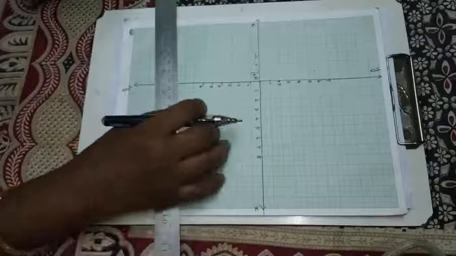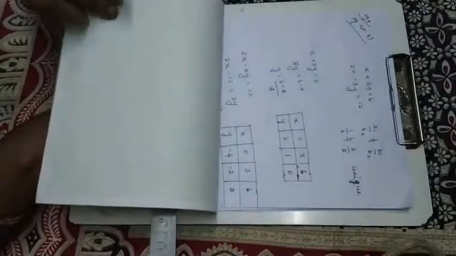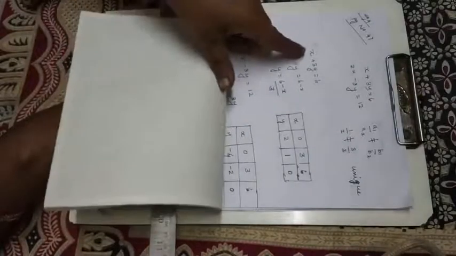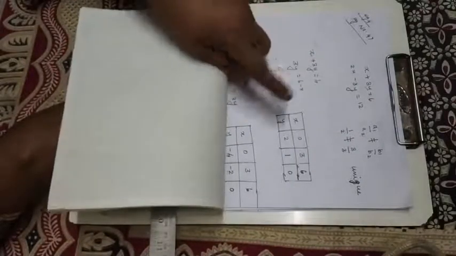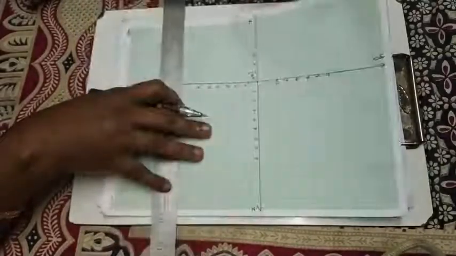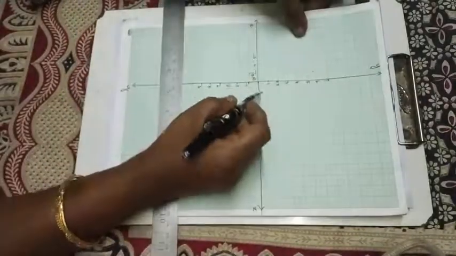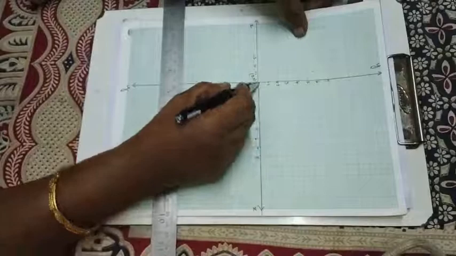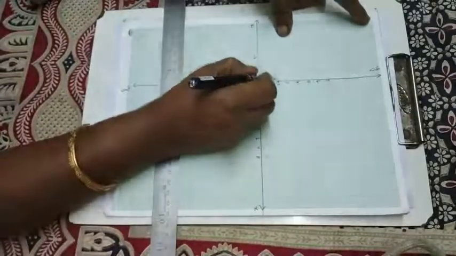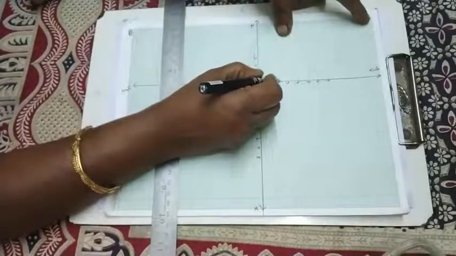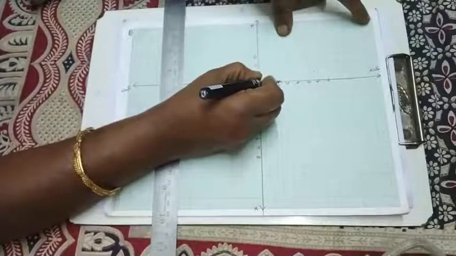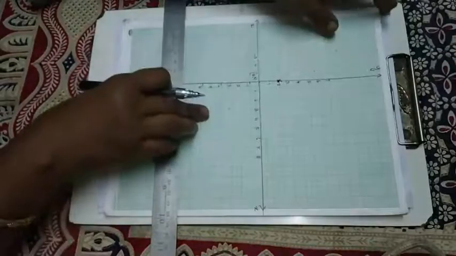Now the first one we got is (0, 2). For the first equation, x plus 3y equal to 6, we got (0, 2), so x is 0 and y is 2. So here is this point, (0, 2).